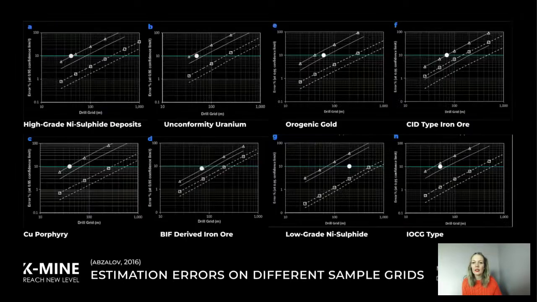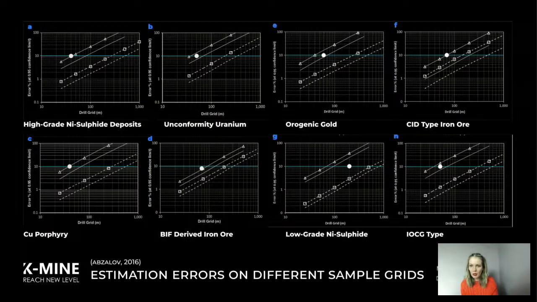So let's look at the example provided in the book Applied Mining Geology by Abzalov. Using geostatistical models, the uncertainties or estimation errors of the ore reserves were estimated for both rock densities and metal grades. These estimation errors were then plotted against the corresponding sampling distances.